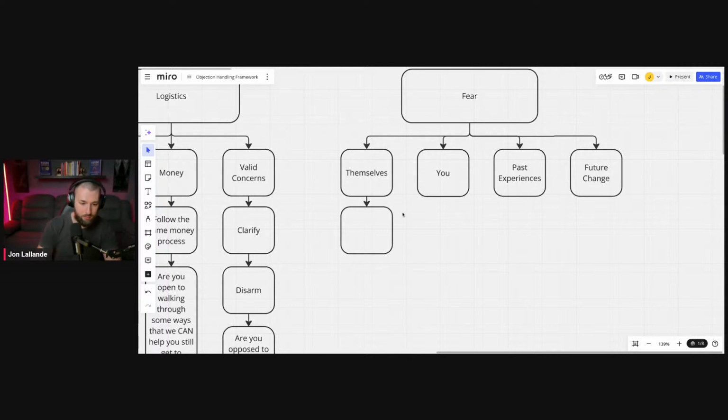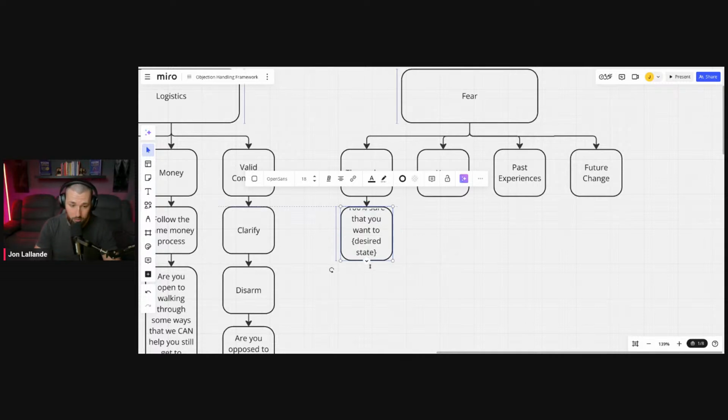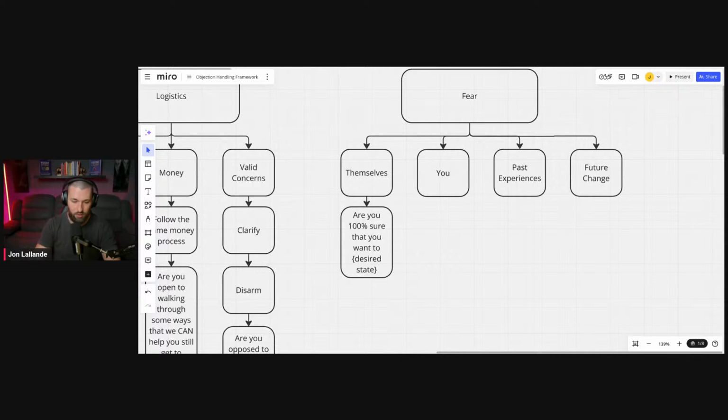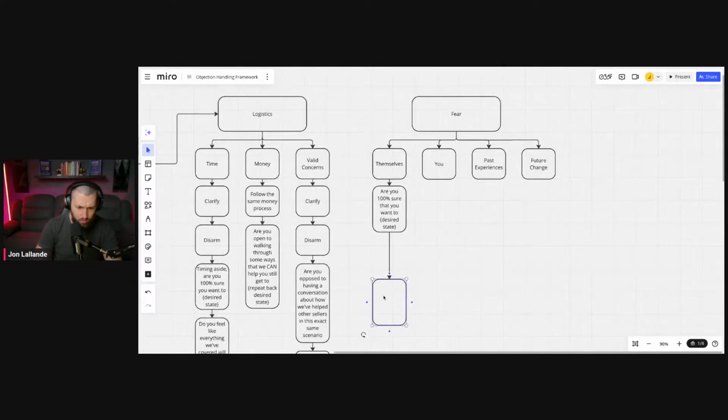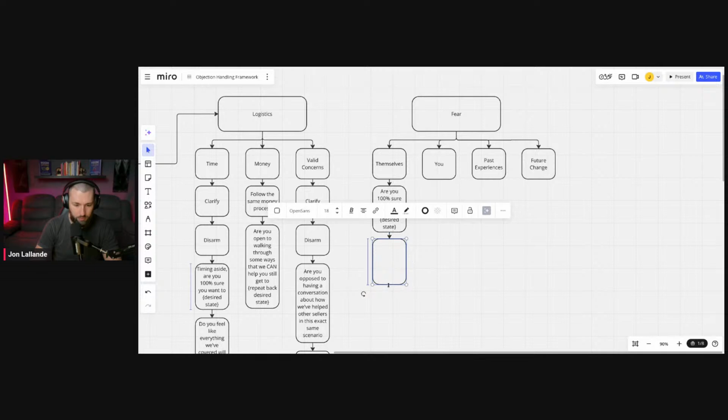Now what we're going to ask is the same thing. We're going to get that commitment. Are you 100% sure that you want to? And then repeat back the desired state, right? Well, are you 100% sure that you do want to move closer to your family? Yeah, I'm 100% sure, right? So once we have that, I'm 100% sure that I want to move closer to my family.